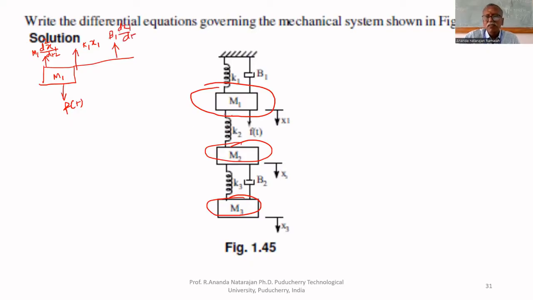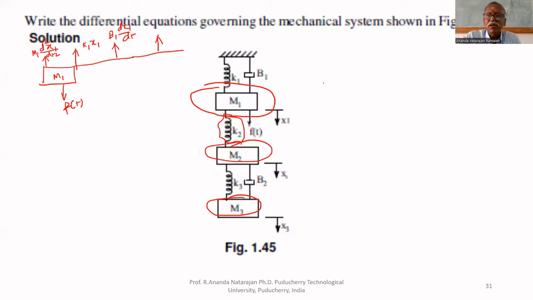One more reaction force is because of the spring K2. Both ends of K2 are free, because K2 is connected between M1 and M2.